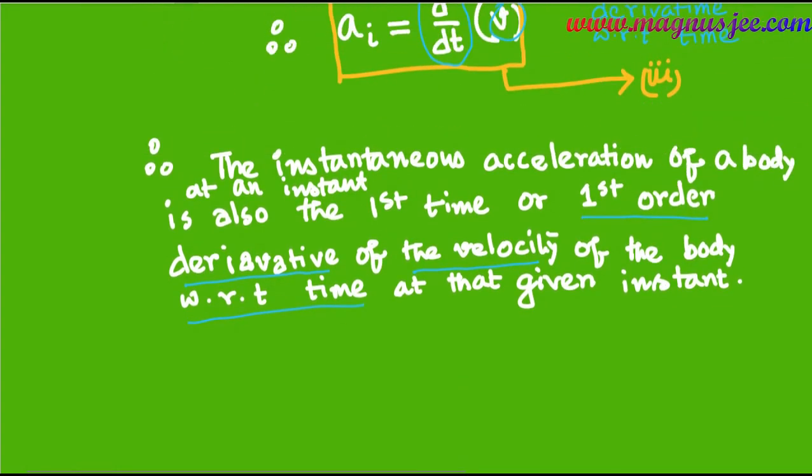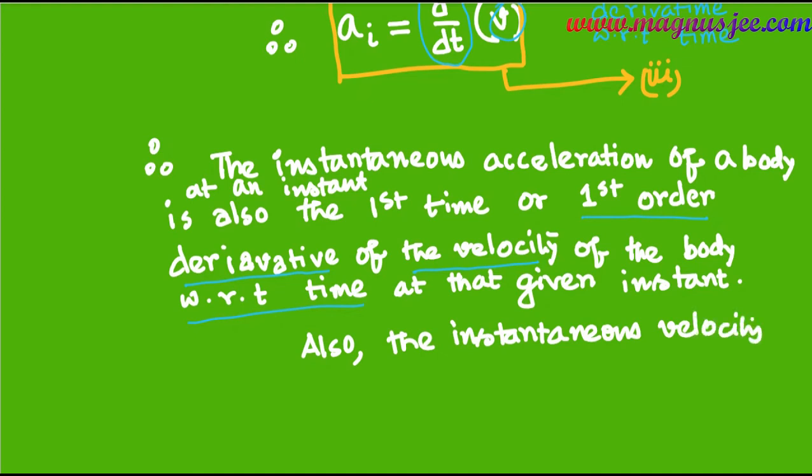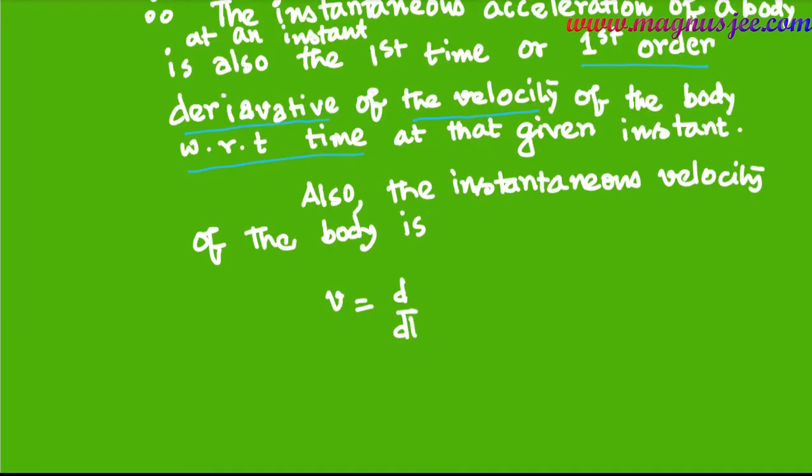Now we can find the third expression of instantaneous acceleration AI. Also, the instantaneous velocity of the body at an instant is given by v equal to d/dt of s, where s is the displacement.